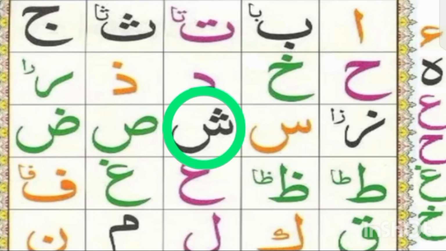Sheen, Sheen. The middle part of tongue touches upper part of your mouth. It is like Jim, same as Sheen, like she. Sheen, Sheen, Sheen.